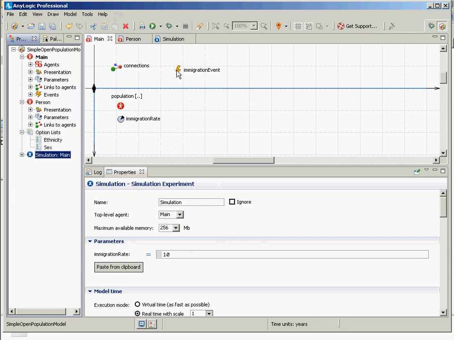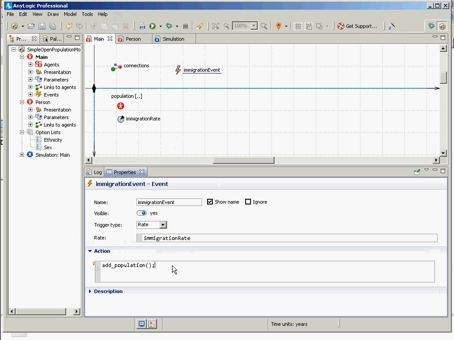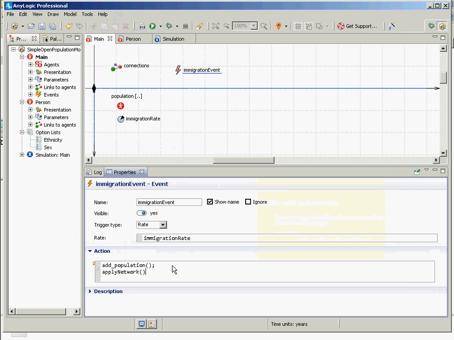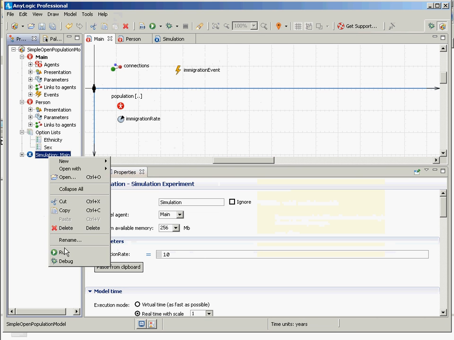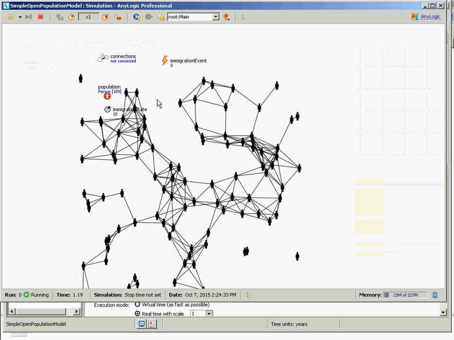So let's go and modify this so that we have apply network. I think this is actually different behavior than I'm used to, so we may have to take a bit.